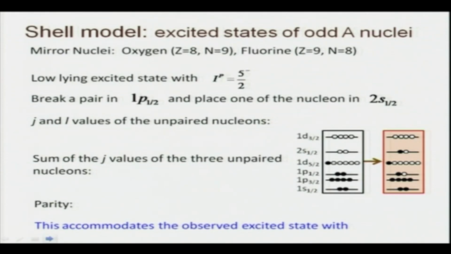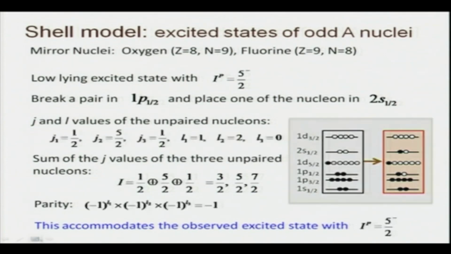So, you have 3 unpaired neutrons and the j values of these 3, let me call them j1, j2, j3, are 1/2, 5/2 and j3 equal to 1/2. L values are L1 equal to 1, L2 equal to 2, d state, and L3 is equal to 0, 2s state.